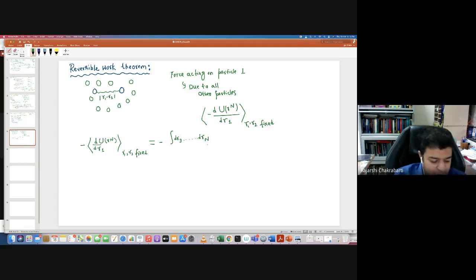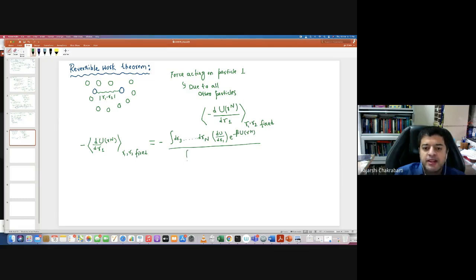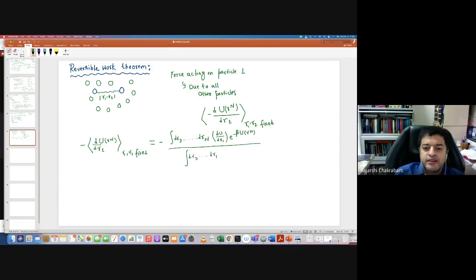I should not integrate over 1 and 2. Now you know stat mech, no? You should be able to see this. What is the denominator then? It is something like Z of N, but I will not have all the coordinates. I'll have only dr3 to drN, isn't it? Is this fine?